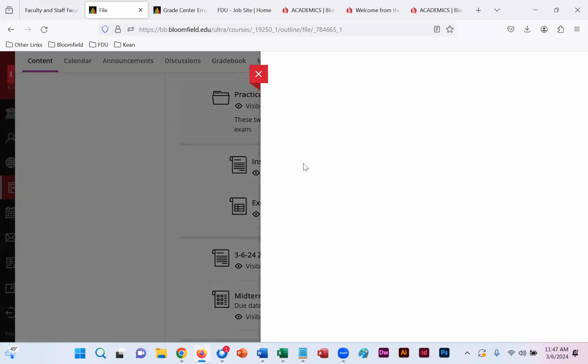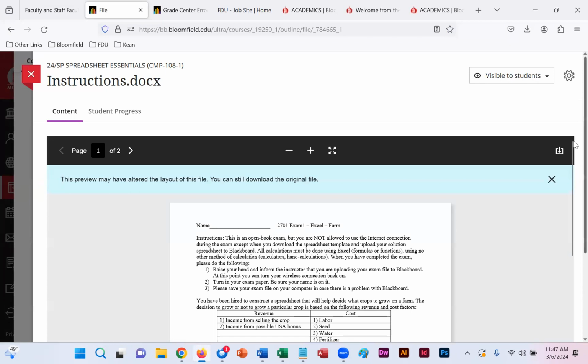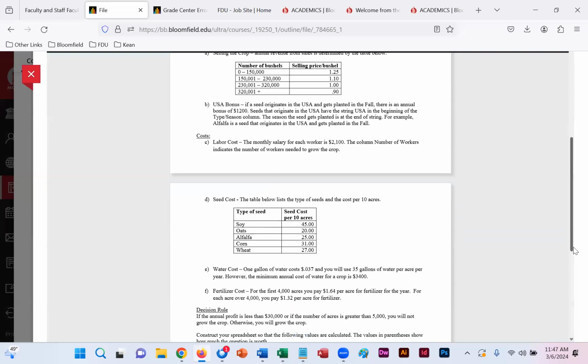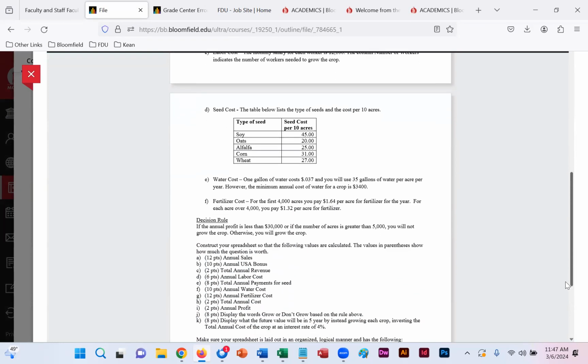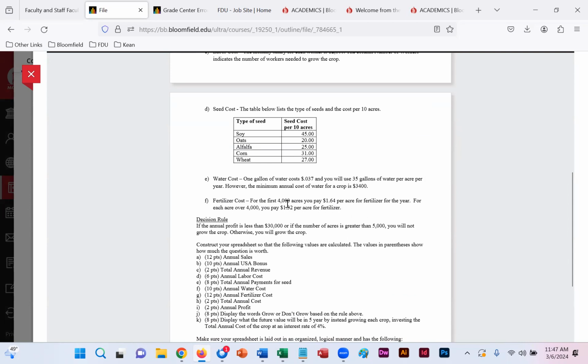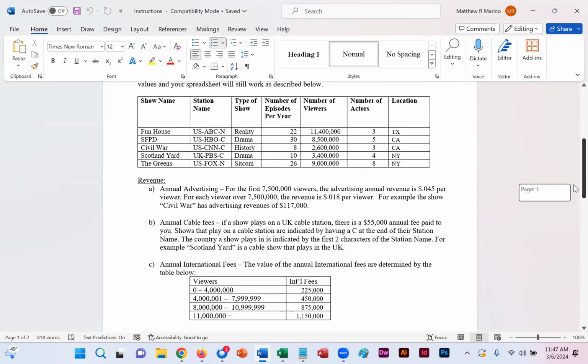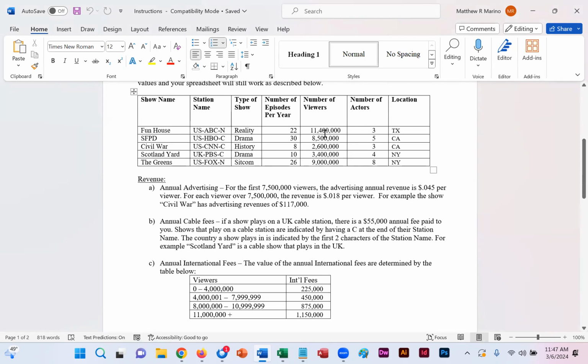So if you remember from the practice exam on Monday, we basically did the same thing with the fertilizer cost. So the first 4,000 you pay $1.64. Everything after that you pay $1.32. So what we do is we first do an IF. We check to see if the number of viewers in column E is less than 7.5 million viewers, comma.